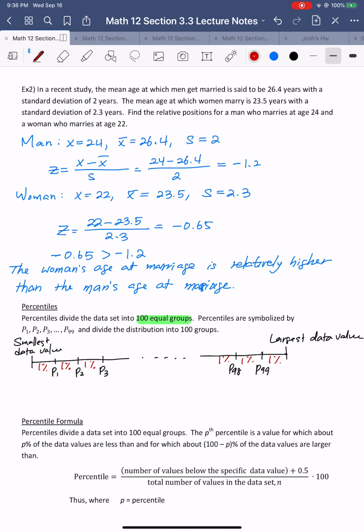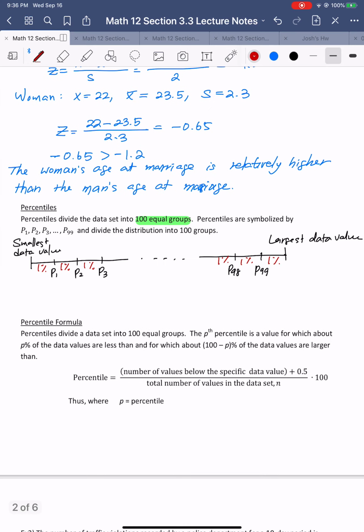Okay. So what is the percentile formula? The formula for the percentile divides the data set into 100 groups. The percentile is the value for which about p% of the data values are less than, and about 100 minus p% of the data values are larger than. So this is the formula.